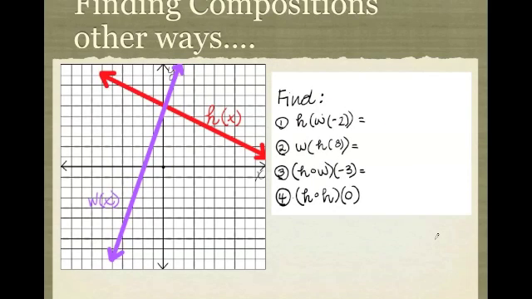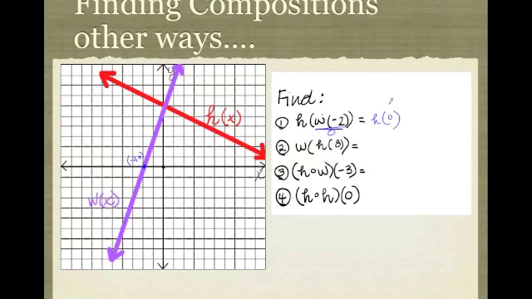Now you can do this with the chain reactions also, where you start on the inside and work your way out. So I'll do the first one, and then you pause the video and try the others. h of w of negative 2, so again I'm going to the negative 2, and I get an answer of 0. So that tells me this is 0, so now I'm hunting for h of 0.